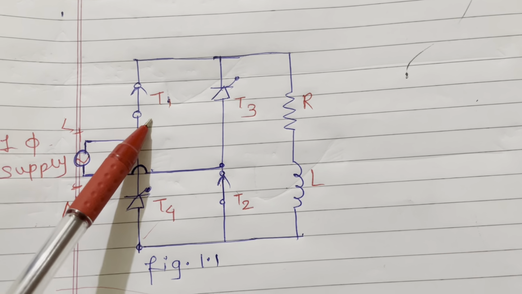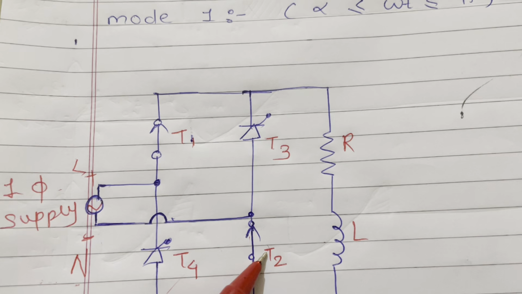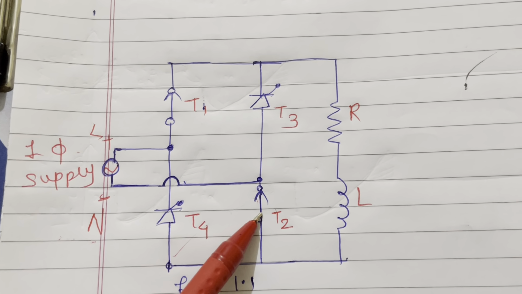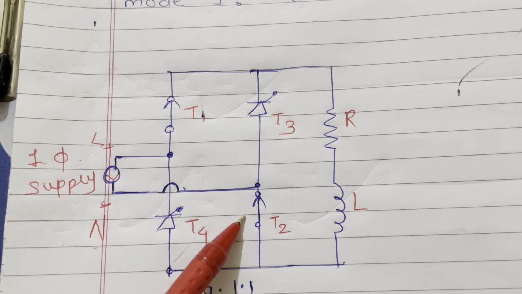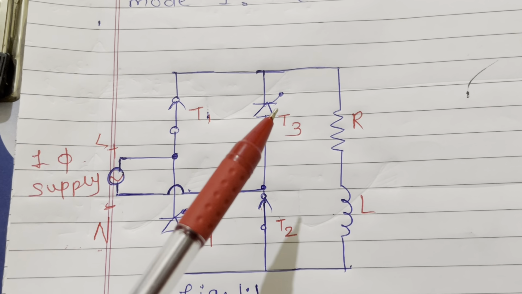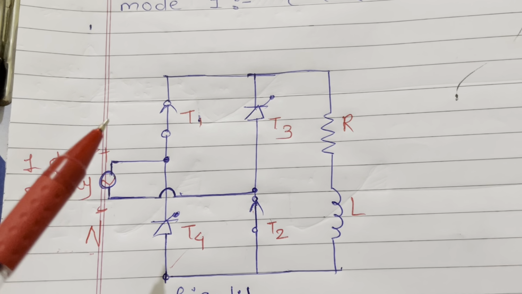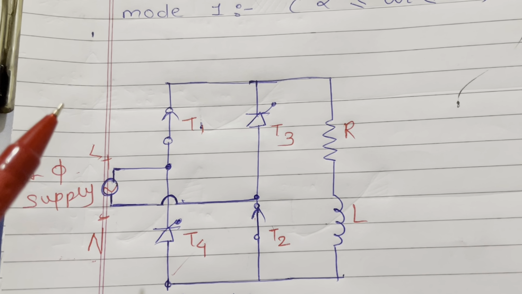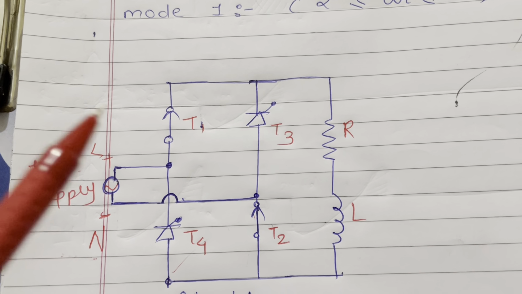So SCR1 and SCR2 are forward biased and can be turned on at the desired value of alpha. At the instant alpha, SCR1 and SCR2 are triggered. As the thyristors work as ideal switches, they connect the input AC supply across the load. Therefore load voltage equals the instantaneous supply voltage.